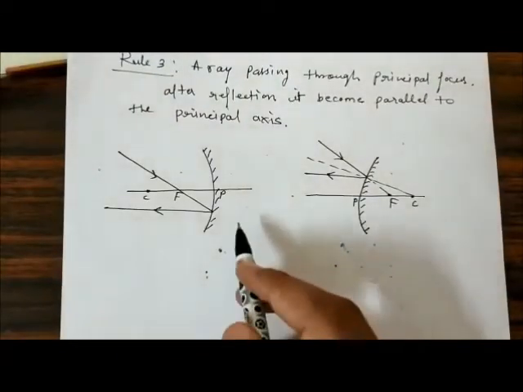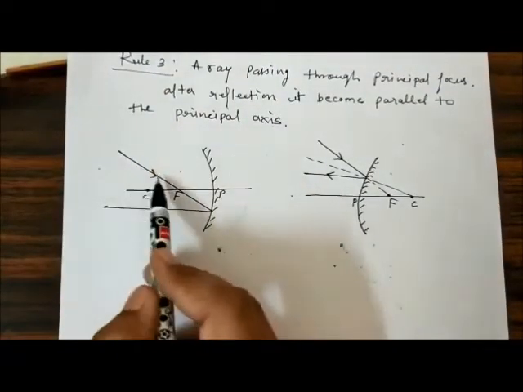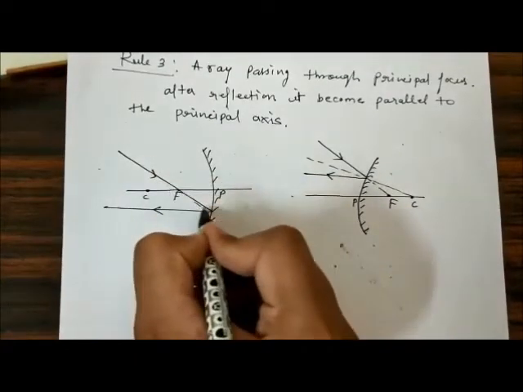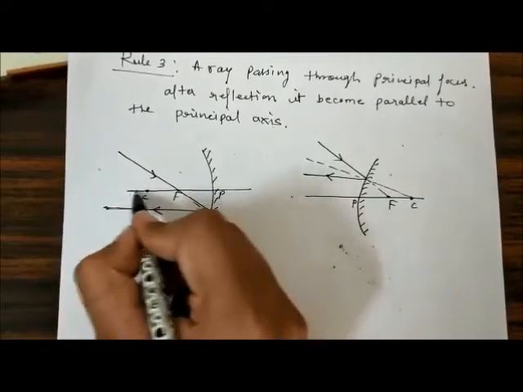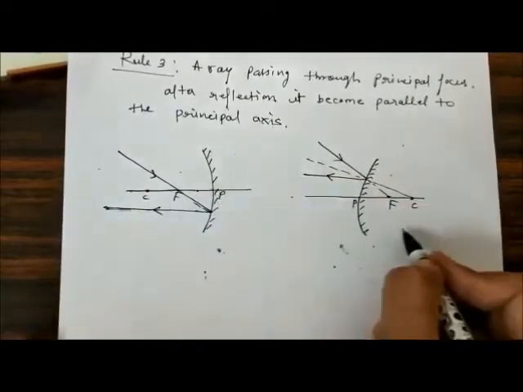So here we can easily see that a ray passing through the principal focus will bounce back parallel to the principal axis.